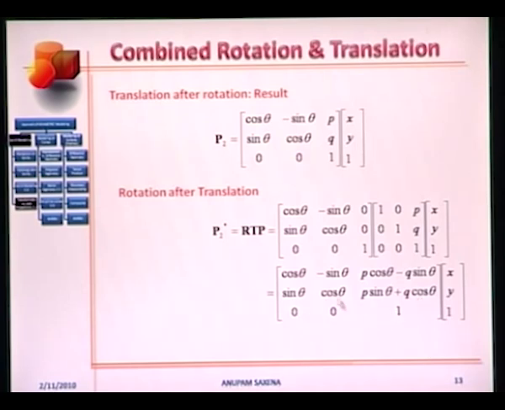Appreciate the difference between this 3 by 3 transformation matrix and this 3 by 3 transformation matrix. They are not the same. Or in other words, for specific values of p and q and theta, they would be the same. Not always.